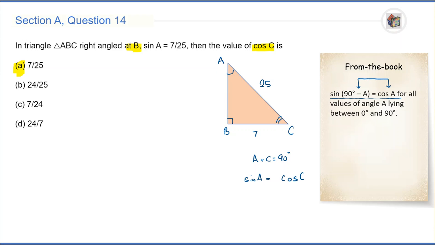What is it that you're seeing? (90 minus A) and A, it's just two angles whose sum is 90 degrees. Whenever that happens, the sine of one angle is equal to the cos of the other one. And here also, because the sum is 90 degrees, sine of one angle is equal to cos of the other. That way also you could have thought that it's equal, but it's easy to see it on the triangle as well.